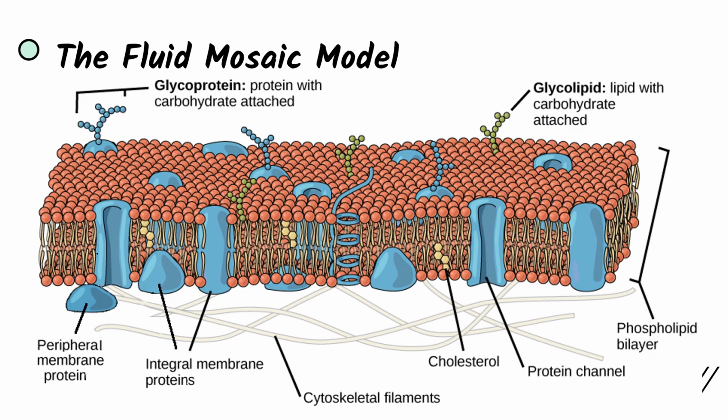So here we have a picture in a little bit more detail of the fluid mosaic model. It's primarily going to be, of course, phospholipids with phosphate heads going out into the aqueous solution outside and inside the cell, but there are also going to be glycolipids and glycoproteins sticking out of the cell for signaling.